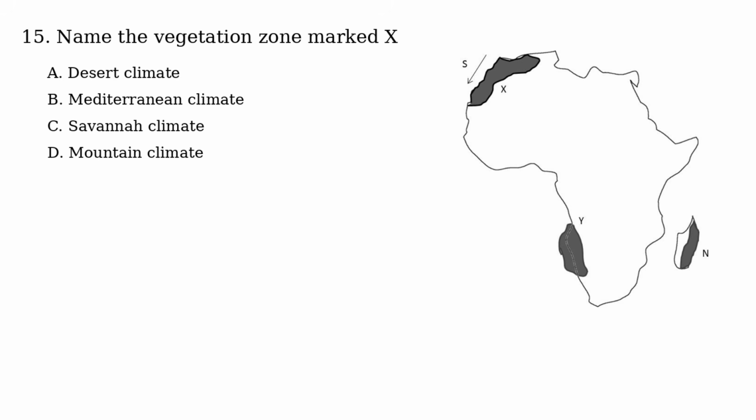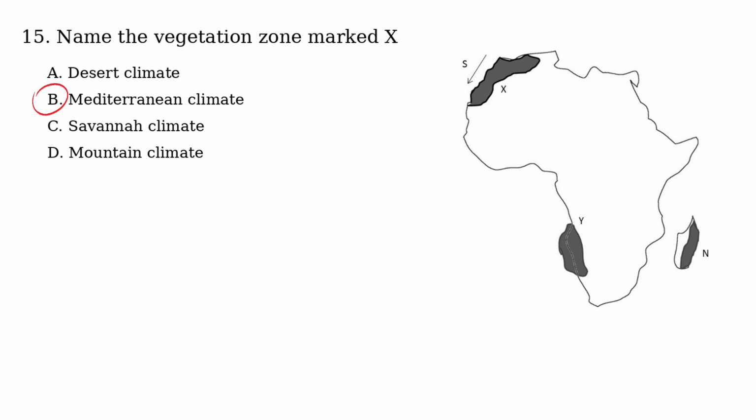Then question 15. Name the vegetation zone marked X. The vegetation zone marked X, you can see it there. Now, that is the Mediterranean climate. Why? Because zone X is the northwestern African part where Mediterranean climate occurs.